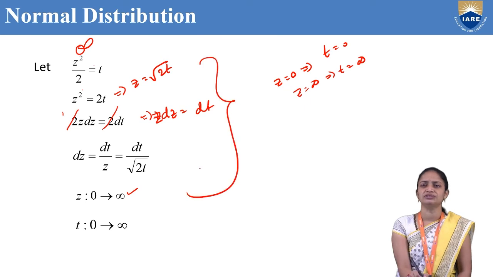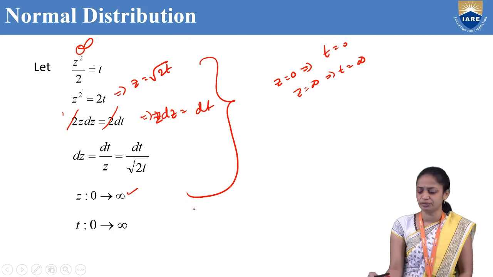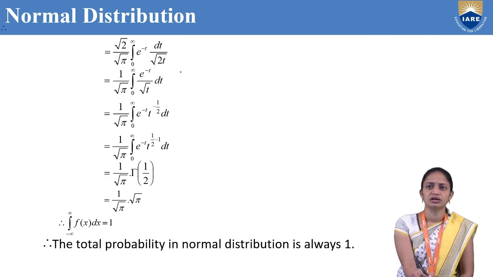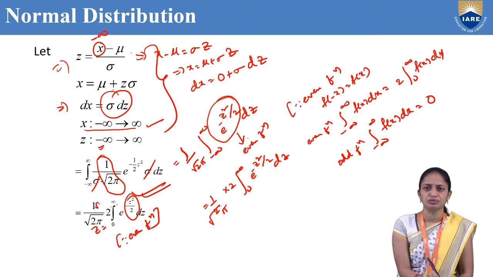Now substitute all these values in this above equation. Observe carefully. Here we have 2, which is nothing but root 2 into root 2. Root 2 gets cancelled, right?